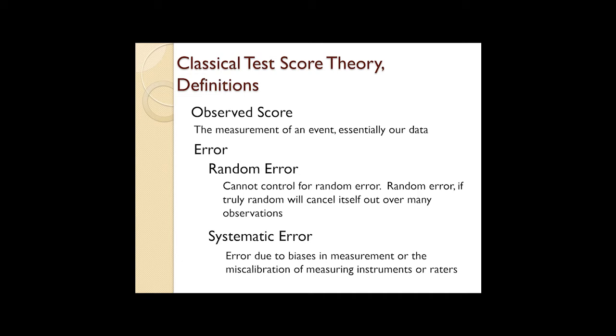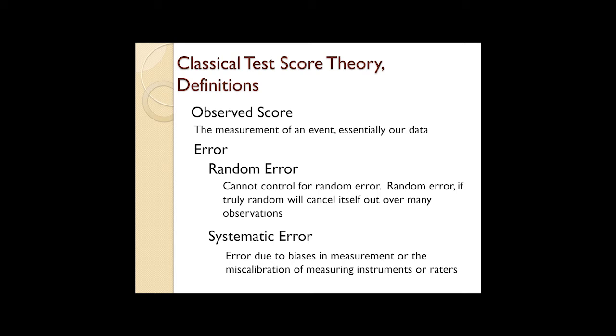There are two forms of error: random error, which we can't control, and when you aggregate data, theoretically over many observations, random error will cancel itself out. The second form of error is systematic error, and this may be due to biases in our measurement or miscalibration of instruments or raters.